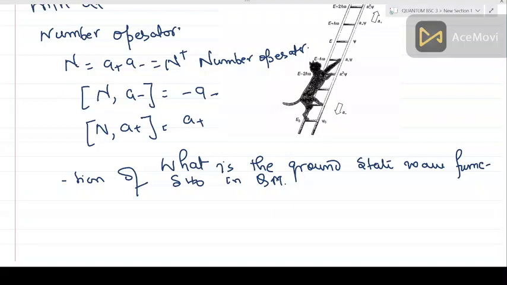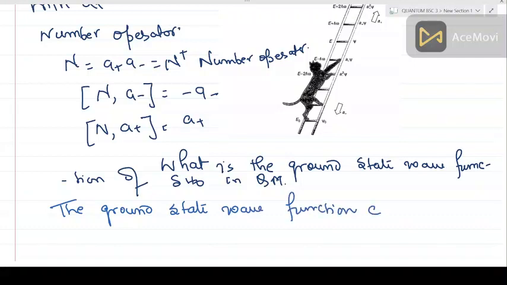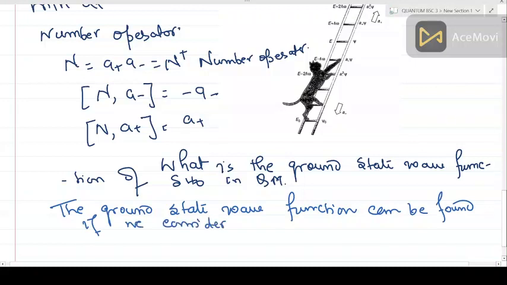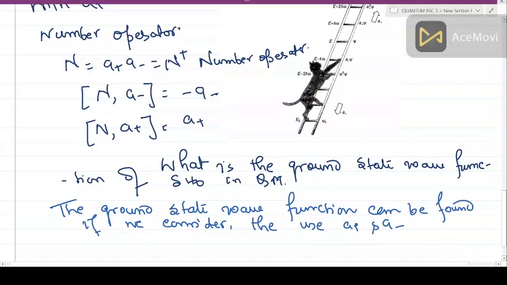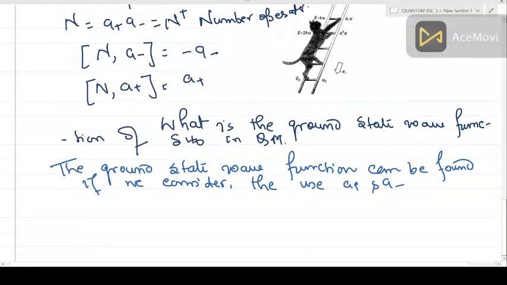Now how to find this? The answer to this question is very easily obtained if we make use of these operators. The ground state wave function can be found if we consider the use of a plus and a minus.